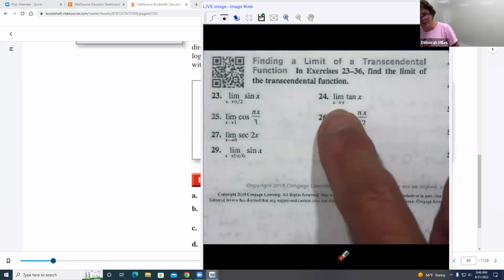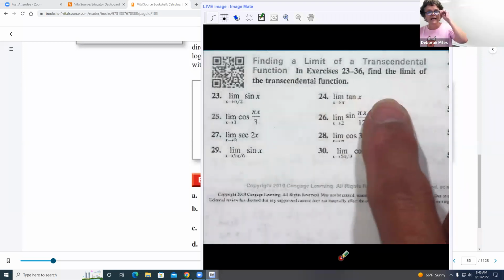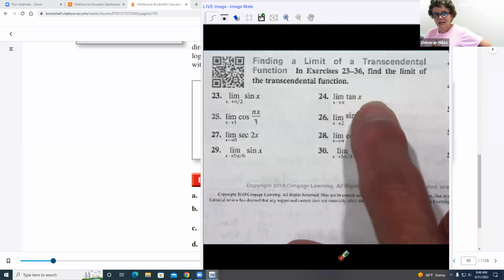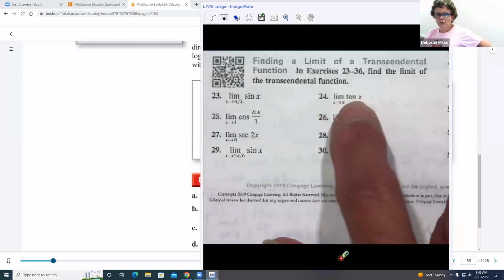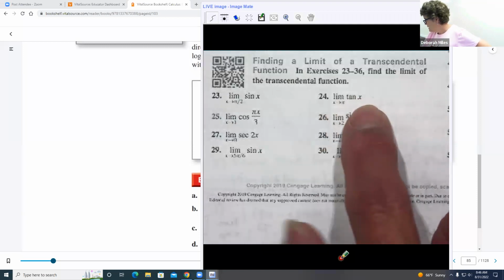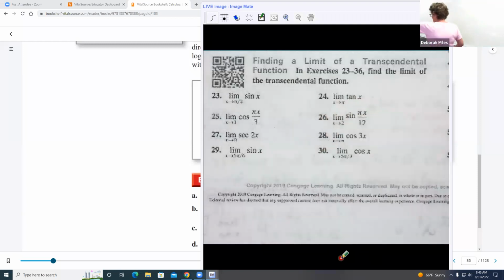Number 24, the limit of tangent x as x gets close to pi. Can you evaluate that by direct substitution? Can you evaluate tangent pi? Pi radians, the negative x-axis, what's the ordered pair? -1, 0. So what's tangent of pi radians? 0.